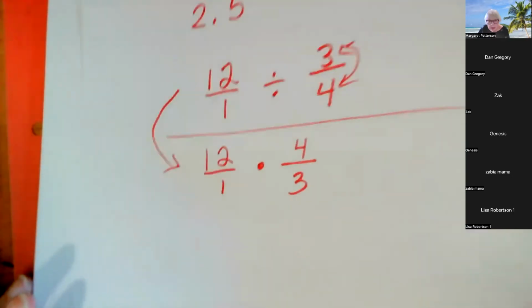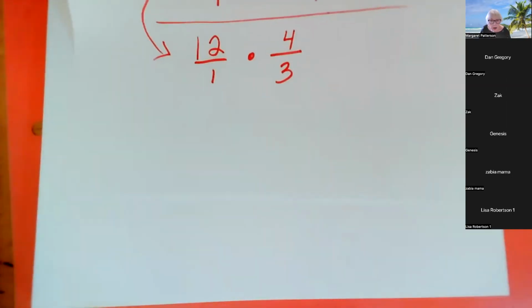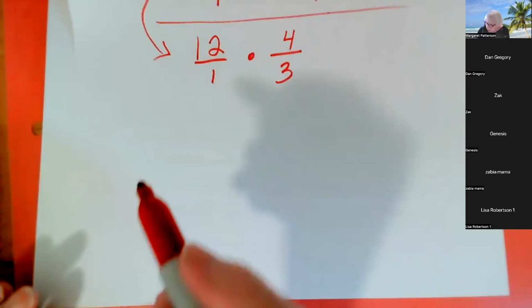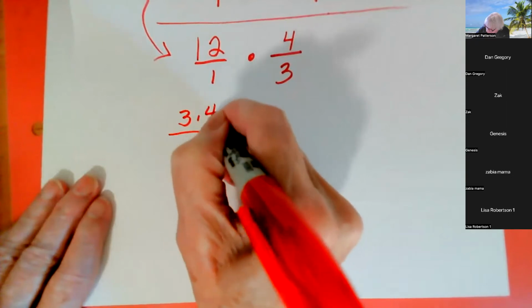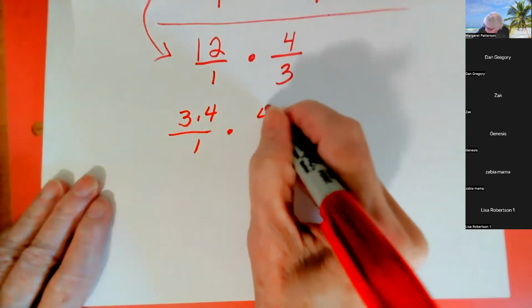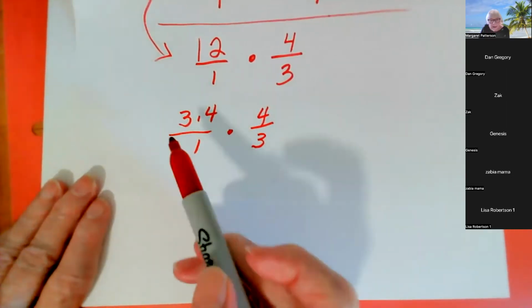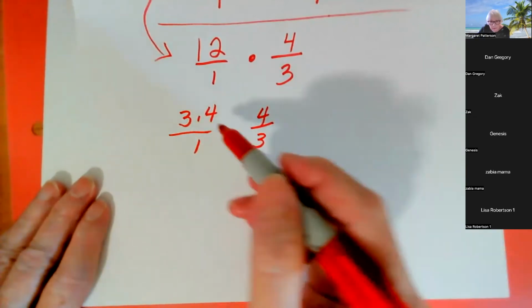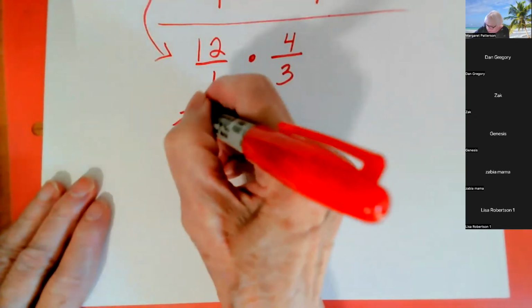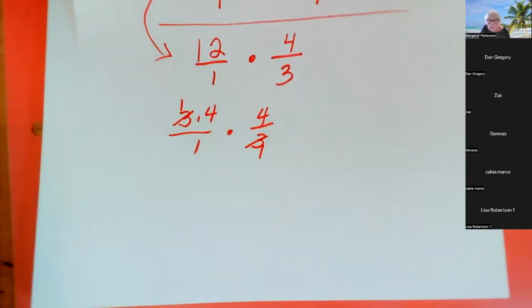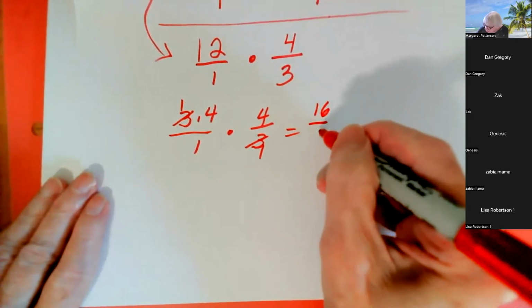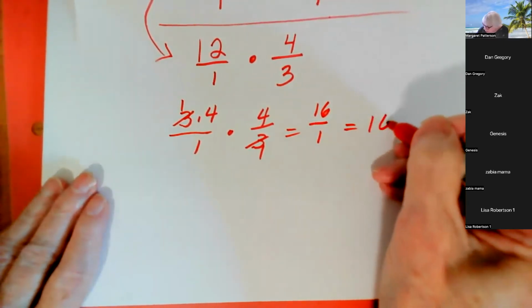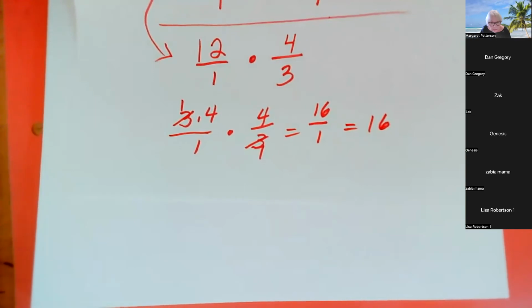It's almost as if this was the original problem. And so 12 is actually what, 3 times 4? I did 3 times 4 because I figured I could take out a pair of 3s. Okay, 4 times 4 is 16. Over 1 will be 16.